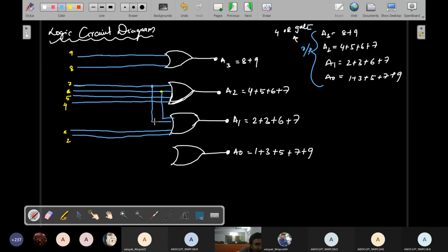So does everybody clearly understand how I take the outputs? Because 2 3 6 7 is there, but in the previous gate I already used the 6 7 inputs. So simply from 6 7 inputs you can connect it directly by using this. And see, this is only one input that is not common.